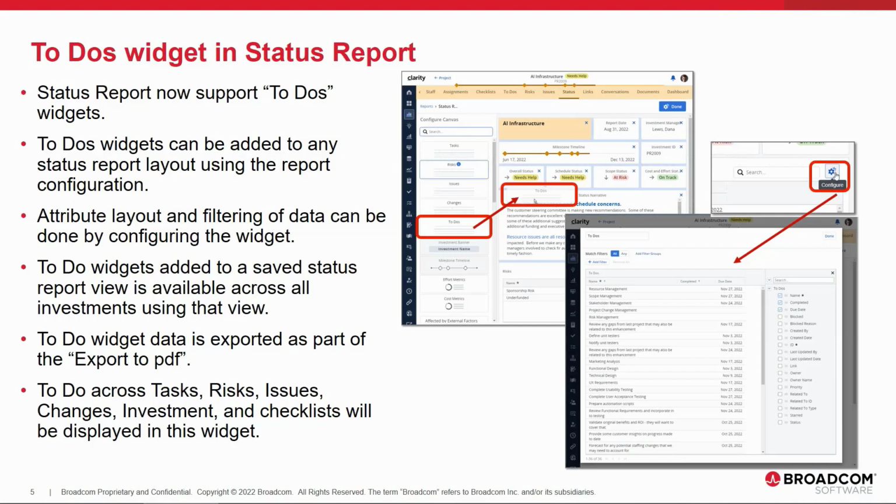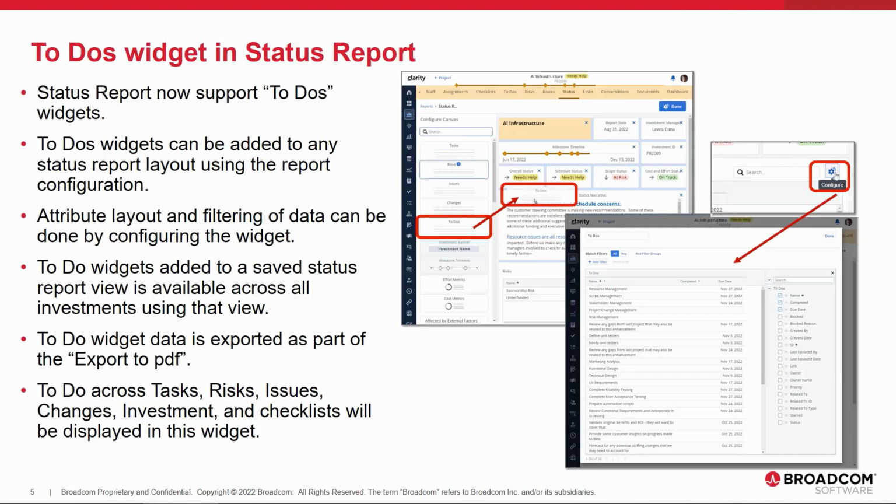The to-do widget added to the saved status report view is available across all the investments using that view. So for example, if I create a status report, include a to-do widget table in it, and save that in a view, I can go to another investment, go to the status of that investment and select the same view with that status report.